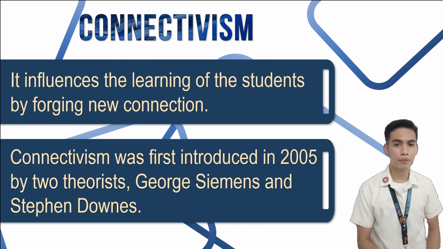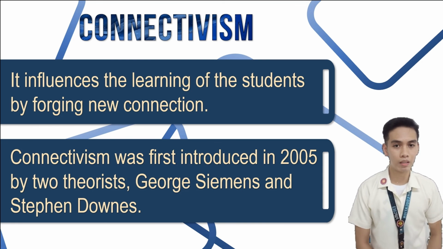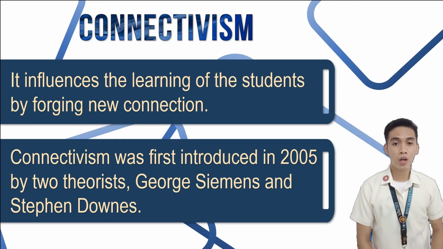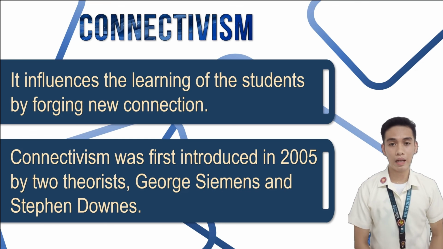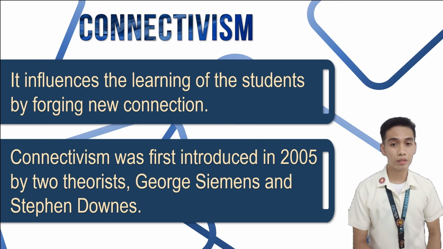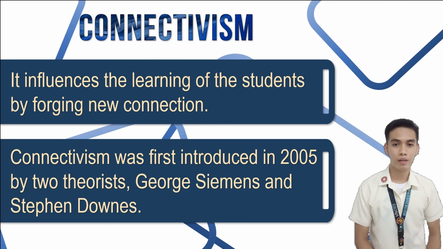So what do you mean by forging connection? When we say forging connection, it simply means establishing connection with other people. So we can use our social media accounts to connect with people, with groups of people. So that's why it can thoroughly influence our learning.